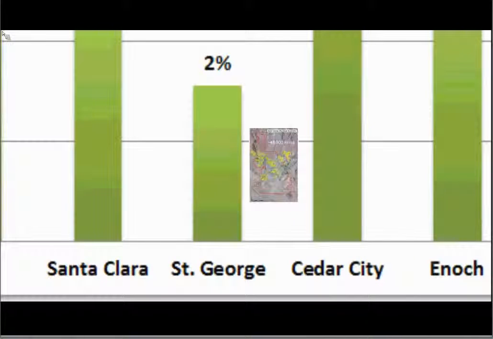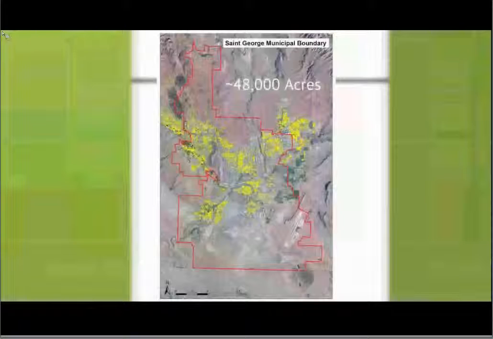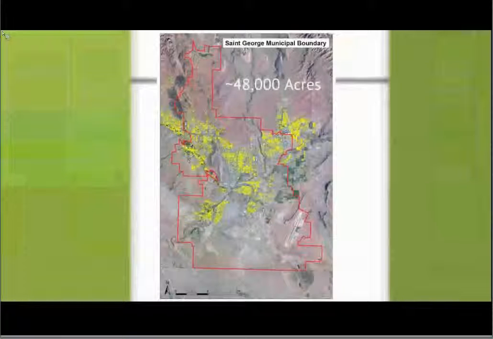So if we get in here a little closer to St. George at 2%, what you'll notice here is that St. George really has annexed in a huge amount of land. So close to 48,000 acres within the St. George municipal boundary, at least as of earlier this spring. And so down there to the line, out to the new airport, and then all the way up to the north there. So that's the St. George municipal boundary, and what you can see there's a lot of area out there that has no trees and doesn't really have any chance of being considered urban by any means.